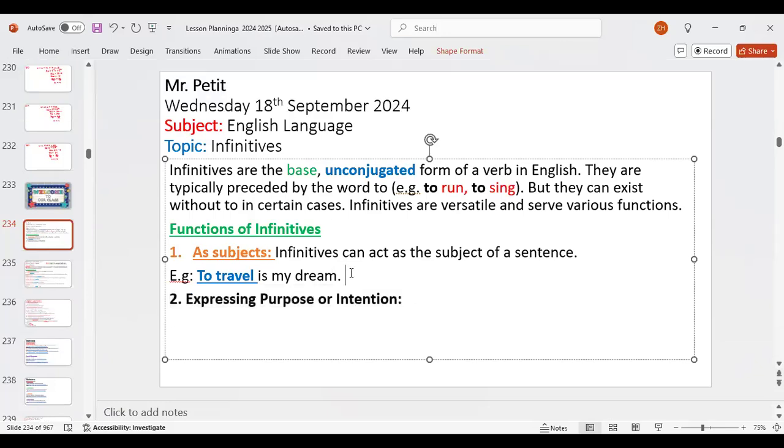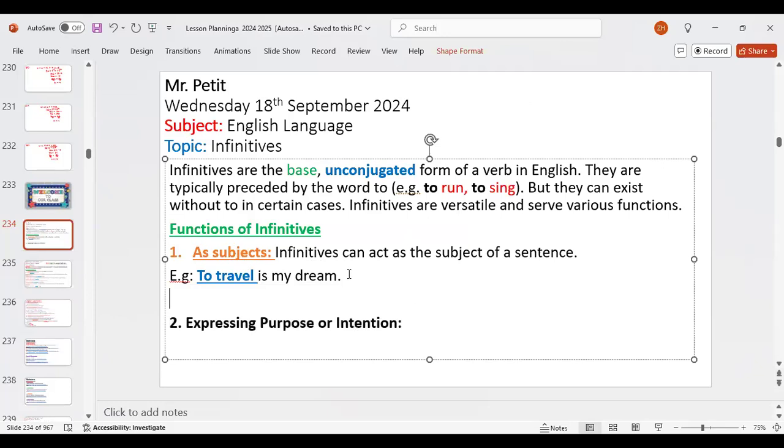By the way, inside the chat, give me an example of a sentence where you started off with an infinitive. Without starting with to, let me give you an example. Eat your vegetables. That's another one. What's the infinitive? Eat.